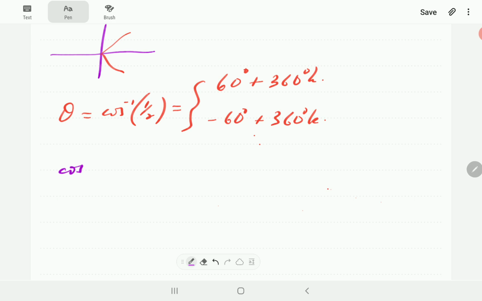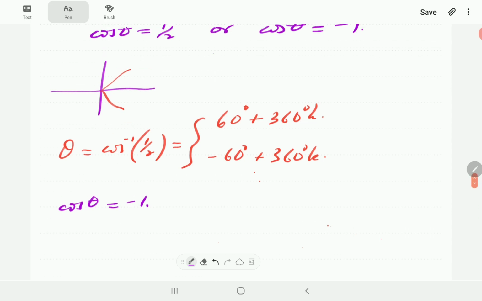Now minus pi to pi, where is cosine going to be -1? So remember, I said it's positive here, it's negative here, it's positive here, it's negative here. So if you look at this diagram, cosine is positive here and negative here, so it means it's decreasing.